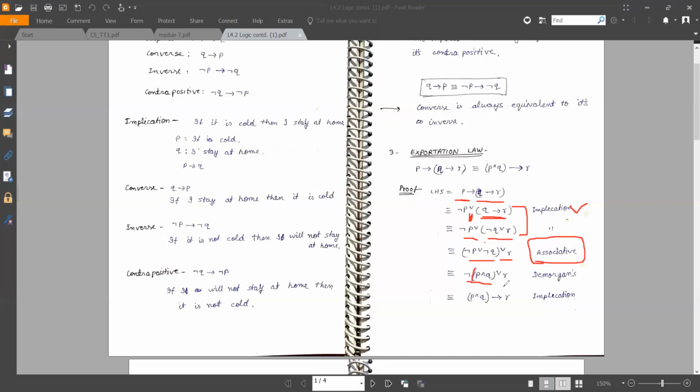So we apply De Morgan's law. De Morgan's law simply puts the negation out as a single negation, and very important, the sign is changed. Previously it was disjunction, now it becomes conjunction.